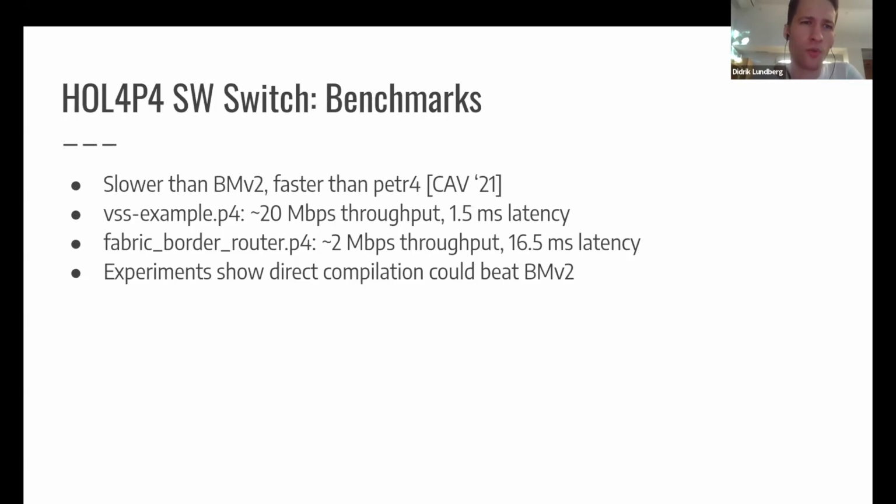So while this is already a promising proof of concept for certain high assurance settings, the good news is that some additional experiments we did show that an approach using direct compilation here could actually even beat BMV2 in performance.